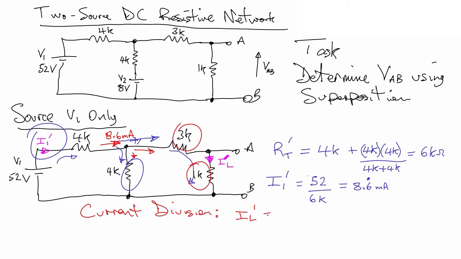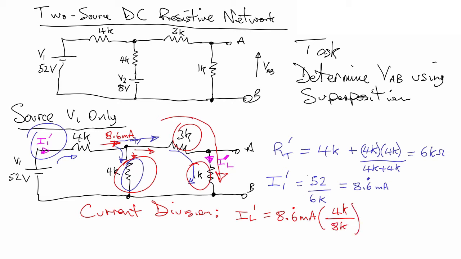IL dash is equal to, that's supply current towards the branch there, which is 8.6 recurring milliamps, multiplied by, and then for current division, what you do is you say, I want to know the current going along the top here, this branch down there. So I need to multiply by the other resistor, that one, and divide by the total resistance in the two paths, which is, of course, 8K.